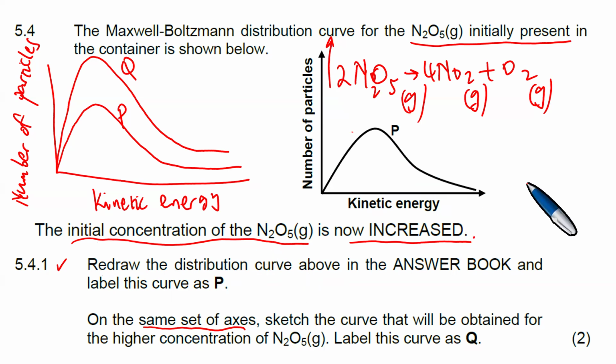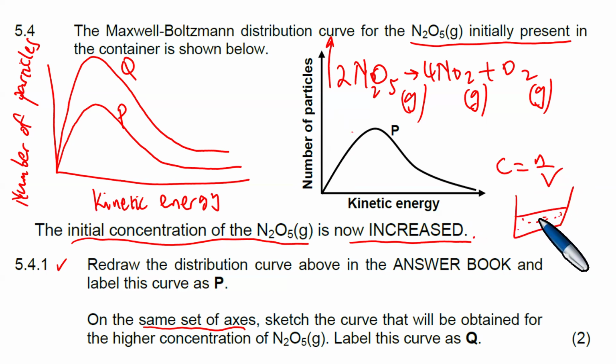When it increases, what happens? Then the number of the particles increases. Because by definition, concentration is number of moles of gas over volume. Concentration relates to the number of the particles per unit volume.